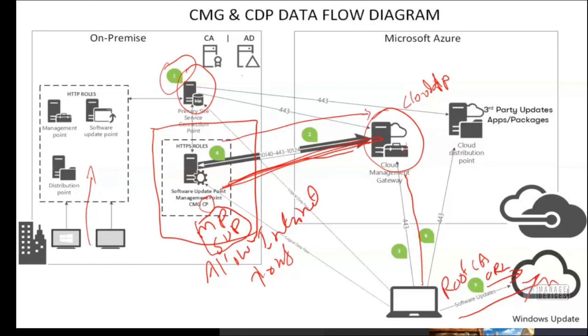If you install multiple CMG connection points, they will also connect. You install one more here, that will also connect. So all the CMG connection points will be connecting to the cloud management gateway.